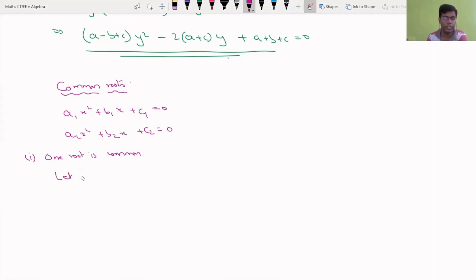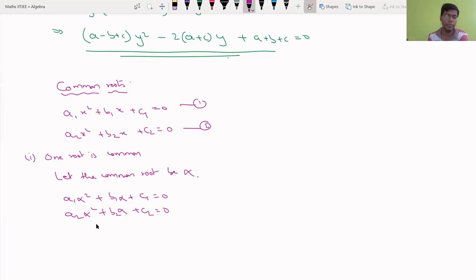So I consider, let the common root be alpha. Because alpha is a common root in equation 1 and 2, alpha will satisfy both of these equations. So let's put alpha in this. So alpha will satisfy both these equations.